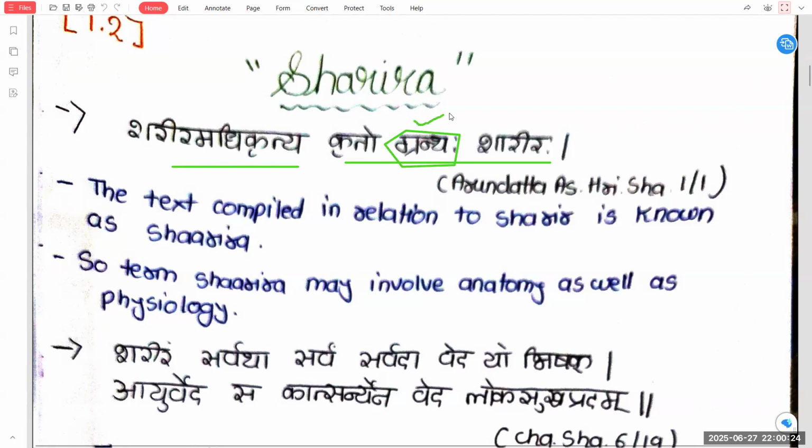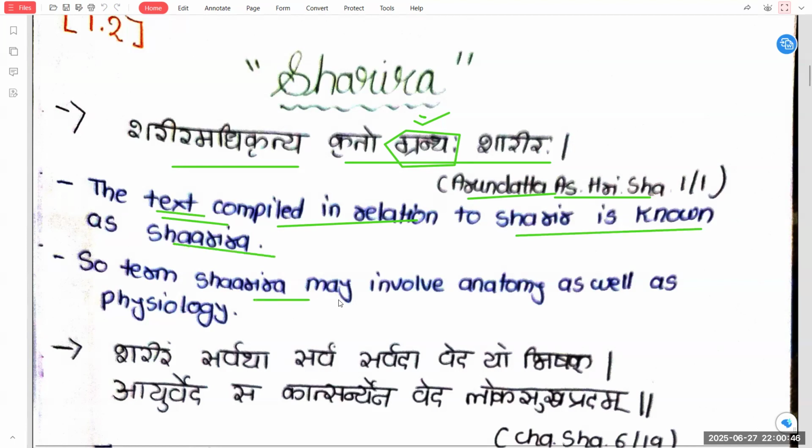That is also correct, that is some other reference. This is the reference taken by the Arundatta Tika of Ashtang Hriday Sharir Sthan. So here it is told what is Sharir. The text, Grantha or Tantra, compiled in relation to the Sharir is known as Sharir.